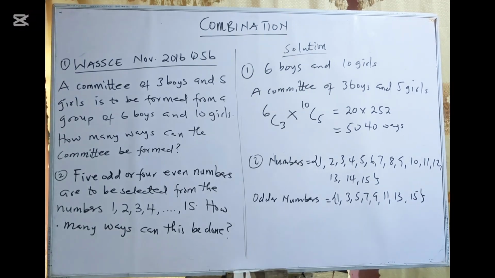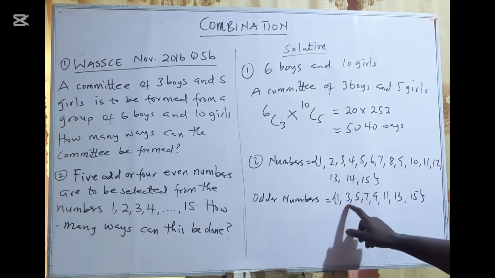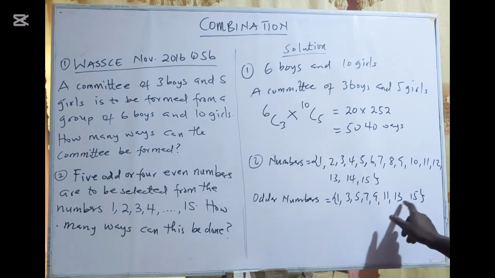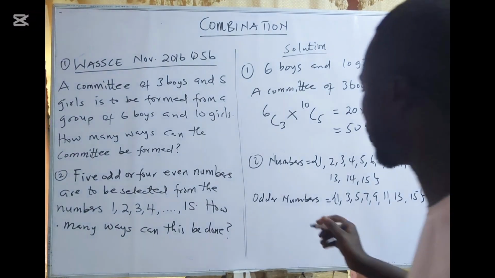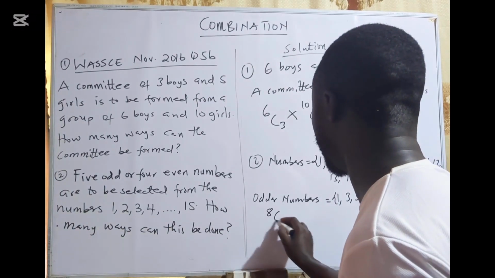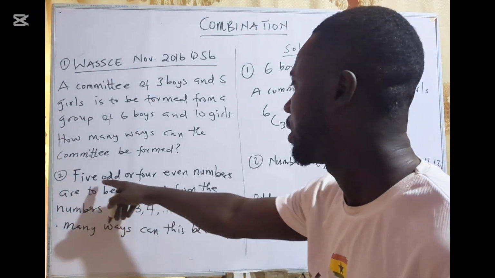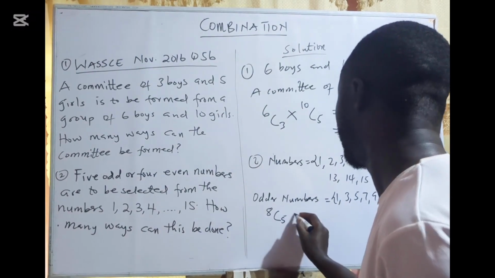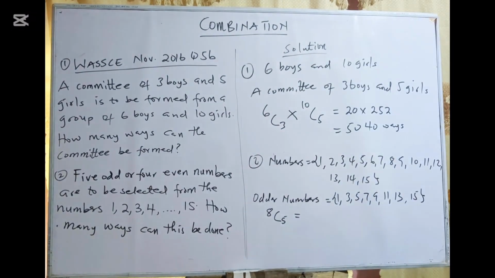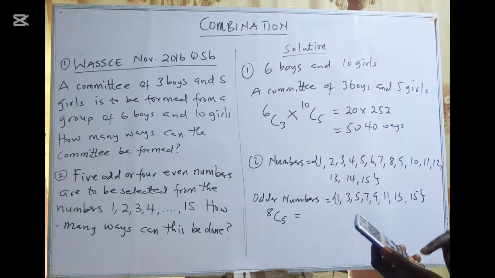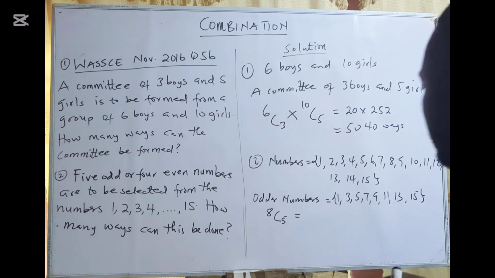So these are my odd numbers. Okay, 1, 2, 3, 4, 5, 6, 7, 8. So I have 8 odd numbers. And the 8 odd numbers, how many am I selecting? I'm selecting 5. So that will be 8 combination 5. And what is 8 combination 5? That will give us 56.